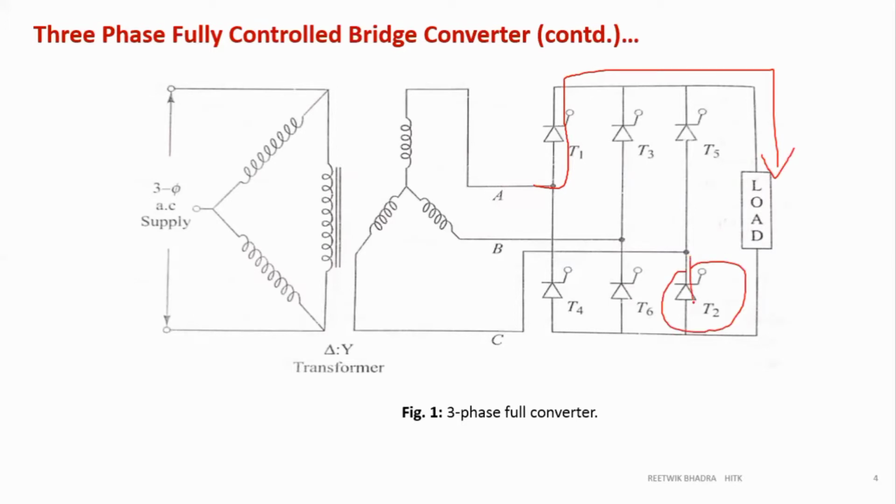Suppose T2 is on, T2 will allow the current flow in this direction. So at the upper terminal you will get A, at the lower terminal you will get B. So VA minus VB will give you VAB. So at the output we will get line voltages.